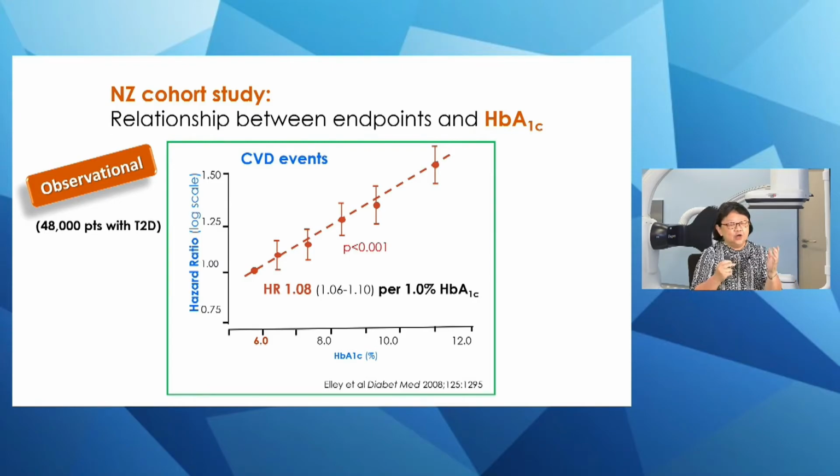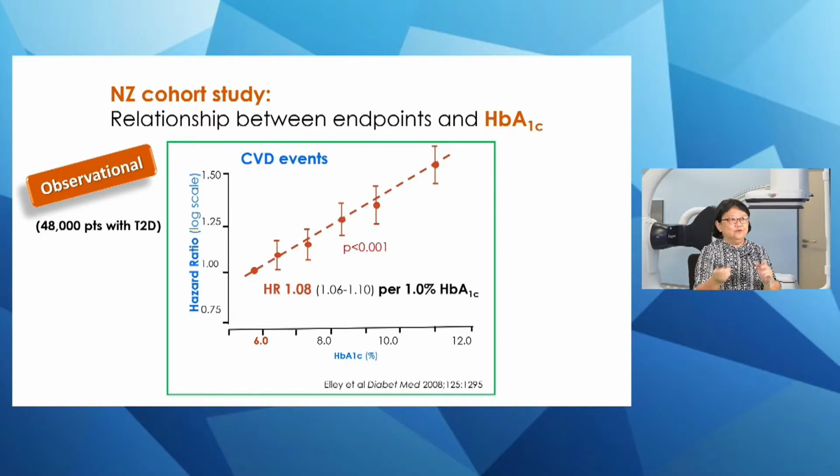Here is an observational study a long time ago from New Zealand, and they observed a massive number of diabetic individuals, 48,000 of them, and looked at their outcomes with regards to cardiovascular events. In fact, the higher the A1C, the higher the risk of cardiovascular events.